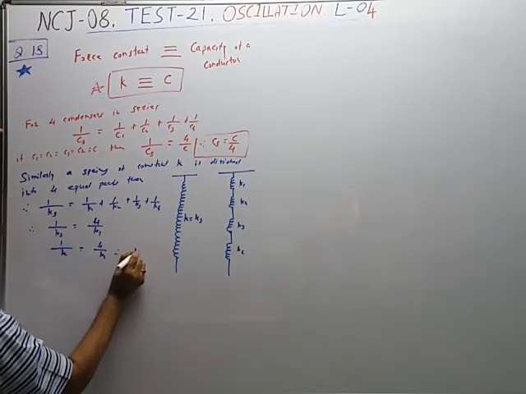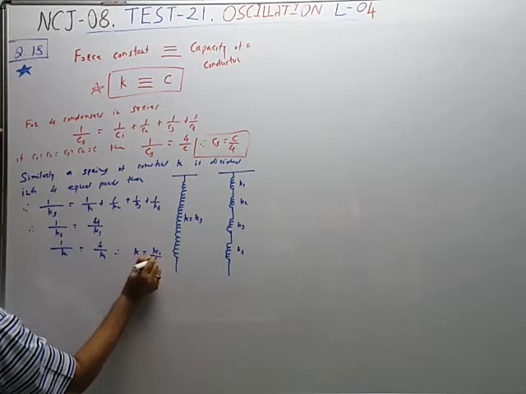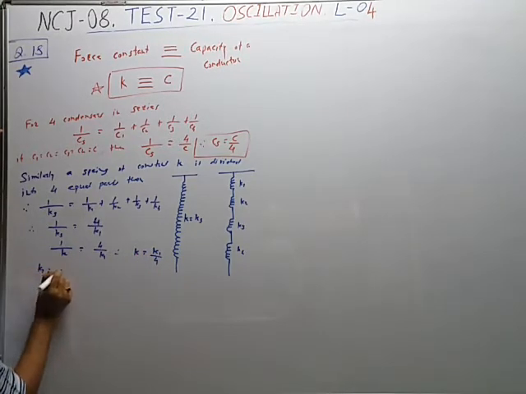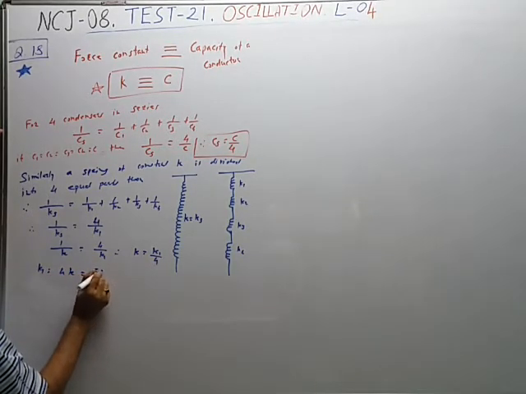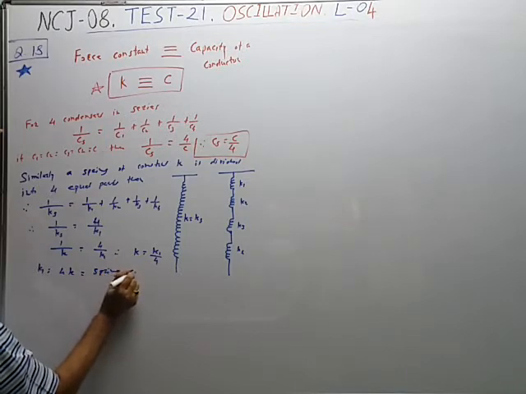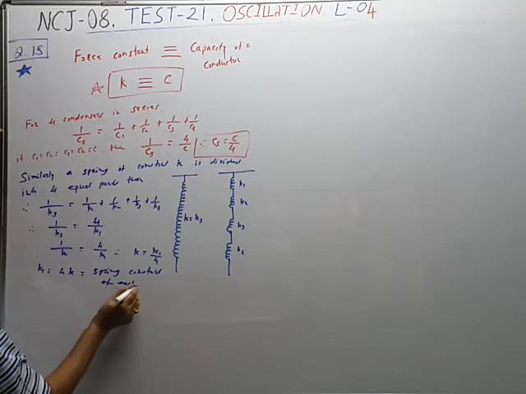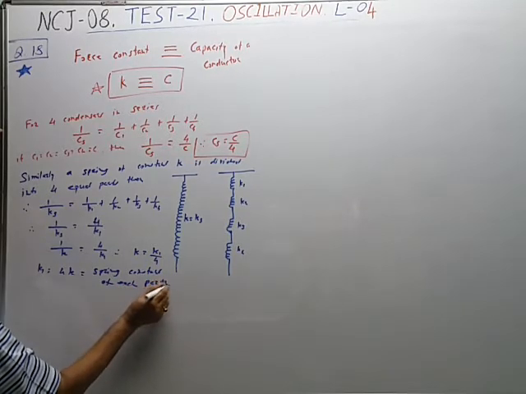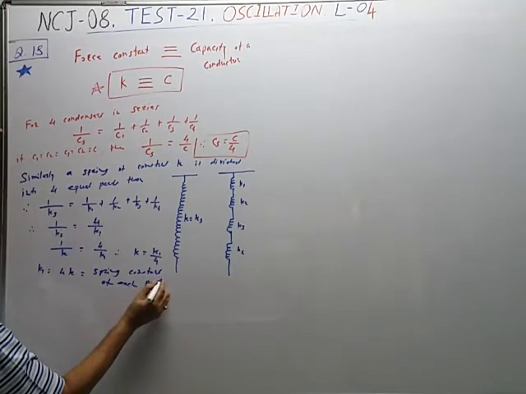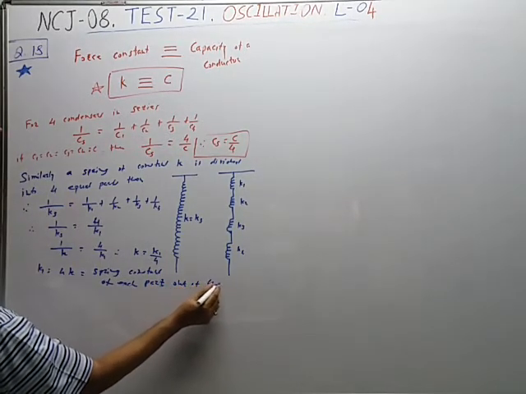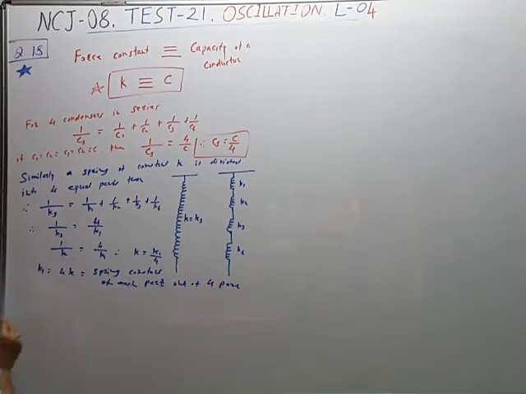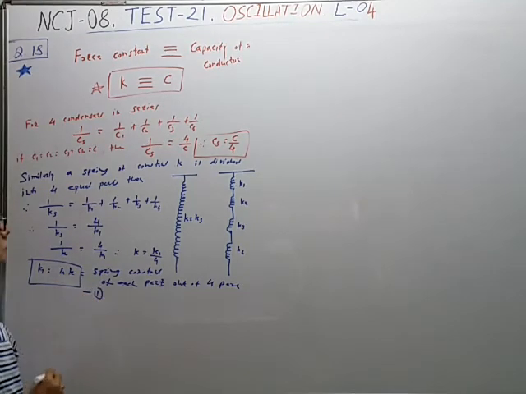Therefore K is equal to K1 by 4, or K1 is equal to 4 times K. K1 is the spring constant of each part out of 4 parts. So K1 is equal to 4 times K. This is equation 1.